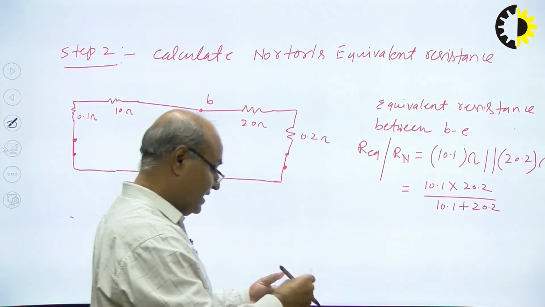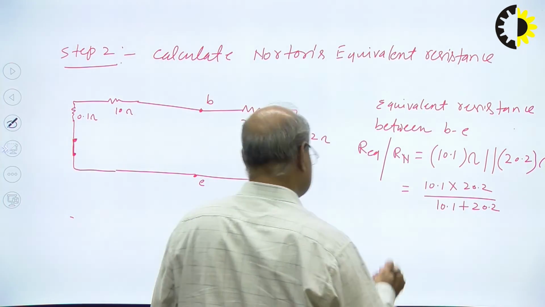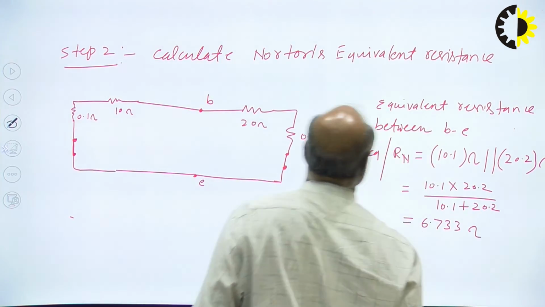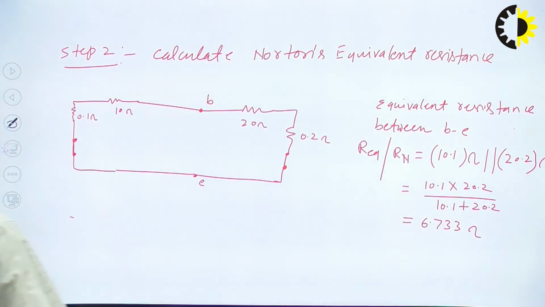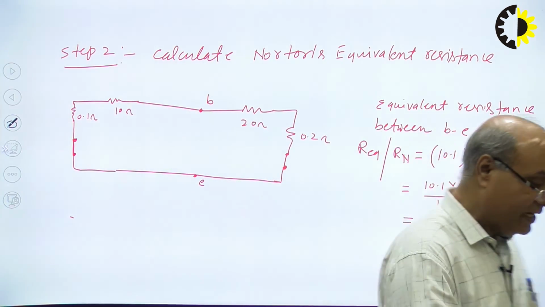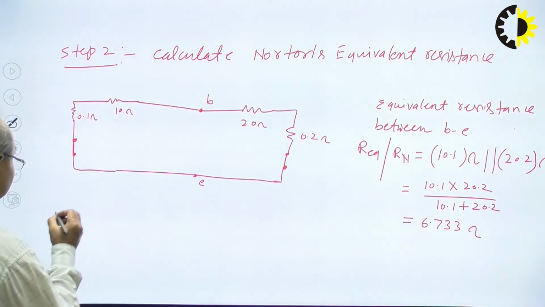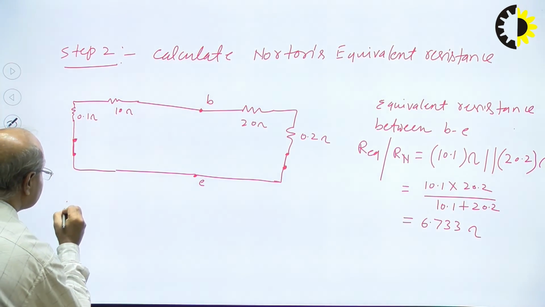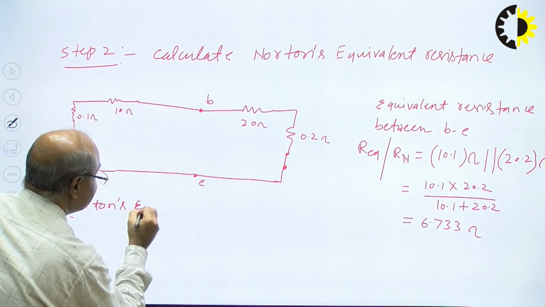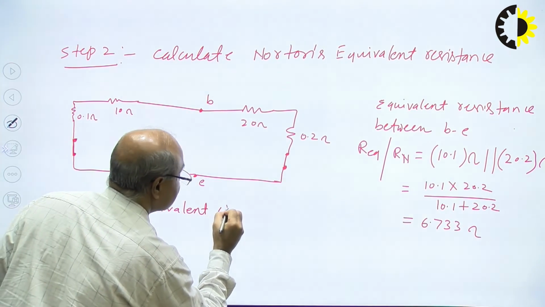So this resistance will come out to be 6.733 ohms. So this is our RN. Now we have found IN, we have found RN. So we can draw the Norton's equivalent circuit.